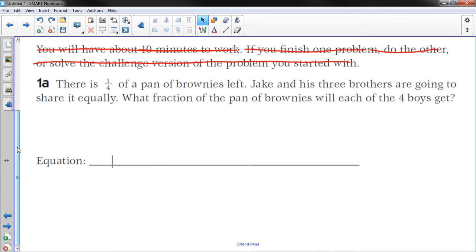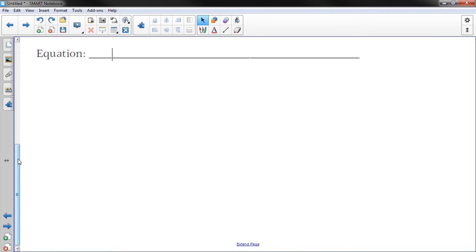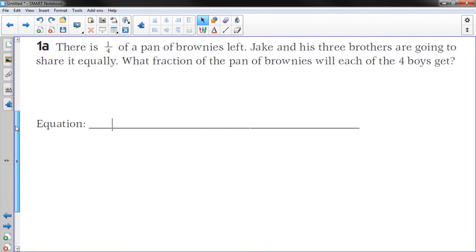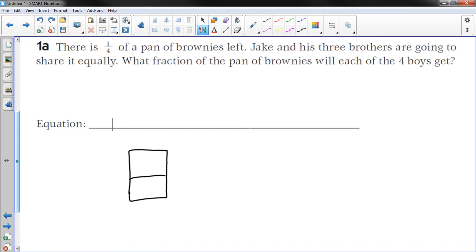Alright, so there's 1/4 of a pan of brownies left. So I'm going to draw a pan of brownies. And there's 1/4 left.